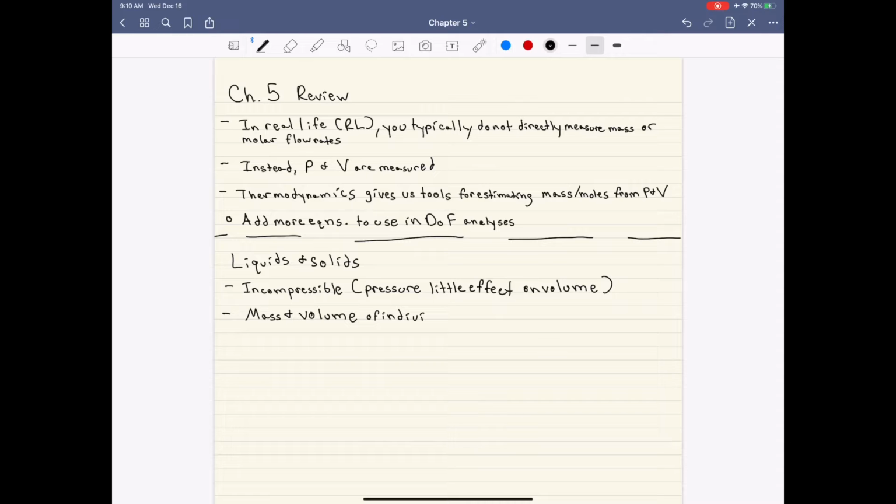And so the mass and volume of individual chemical species are related by density or specific volume.